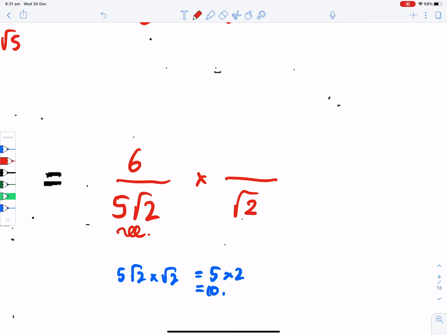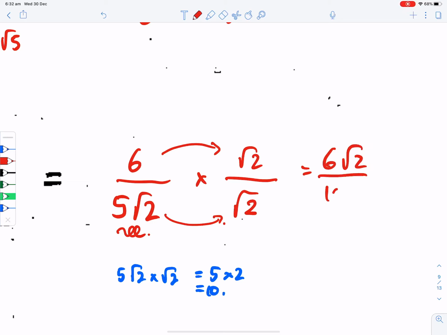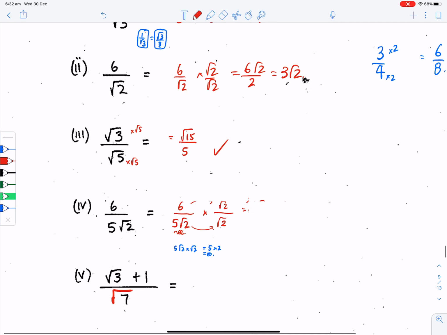So you multiply your denominator by root 2, and your numerator by root 2. You end up with 6 root 2 over 10, which you must simplify. Divide that by 2 and get 3, divide that by 2 and get 5. 3 root 2 all over 5.